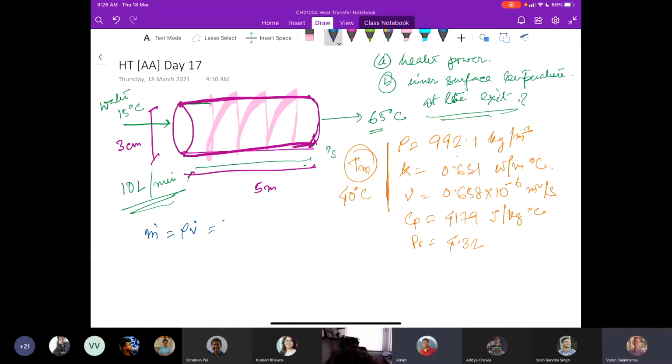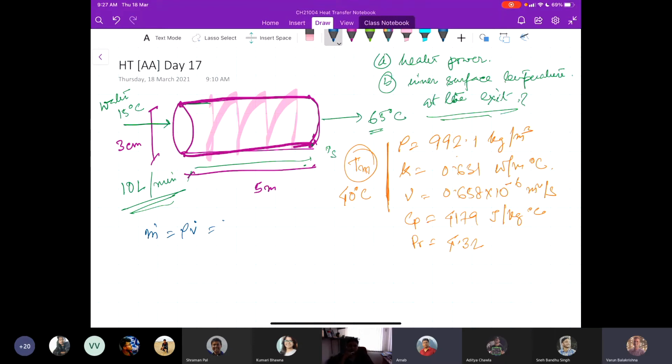Volumetric flow rate, Varun. Sir, I'm getting confused. You are given 10 liter per minute. I am asking what the unit of volumetric flow rate is in SI, because you have to eventually convert everything into SI units. That is the first lesson we learned in CPC, where you scored highly. So it's meter cube per second.